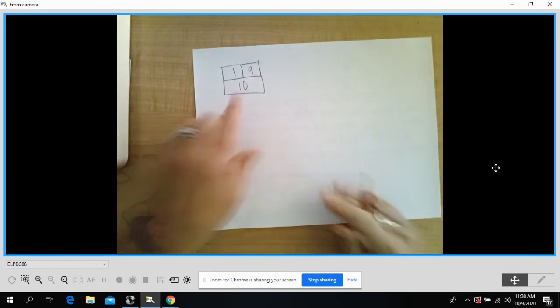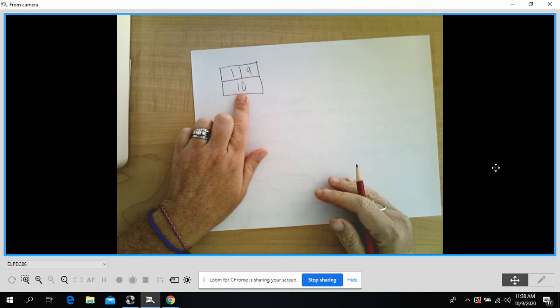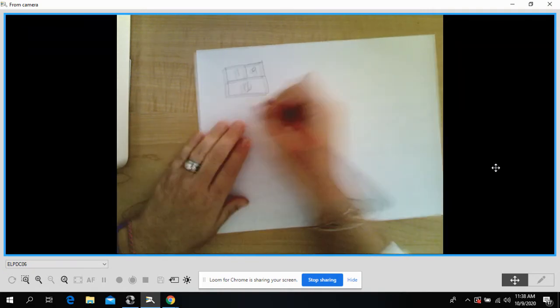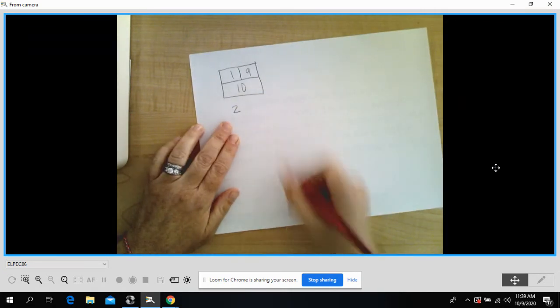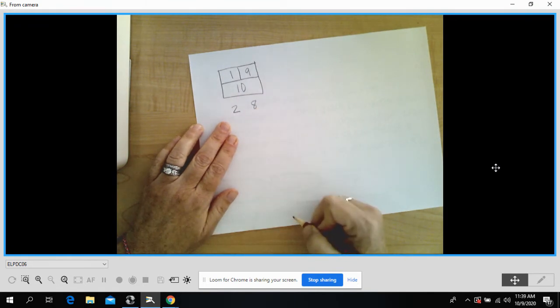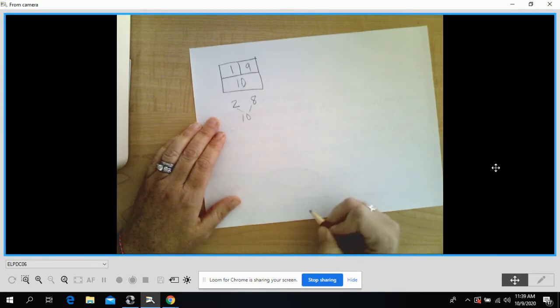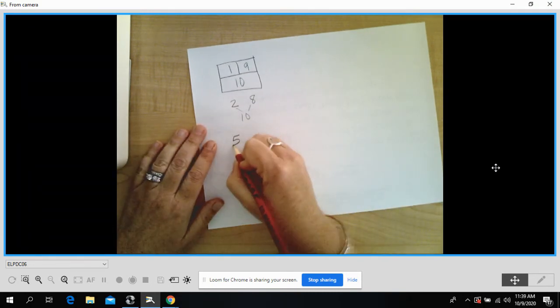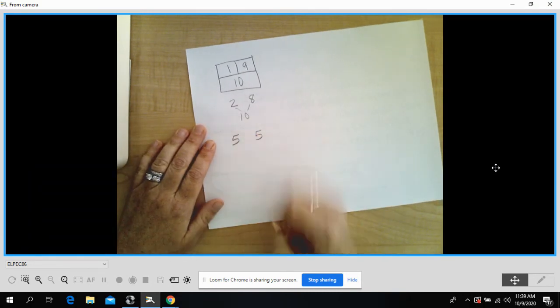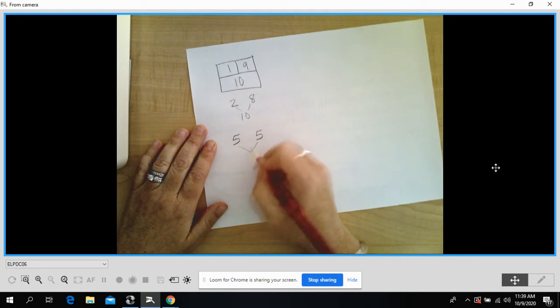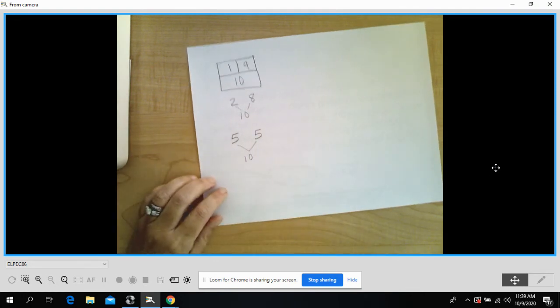Sure she could, because that would be a total of 10. Could she have 2 Starburst and 8 Tootsie Rolls for a total of 10? Yes, absolutely.